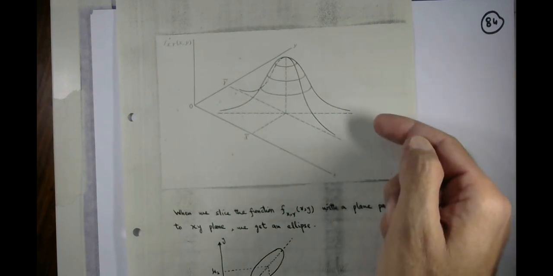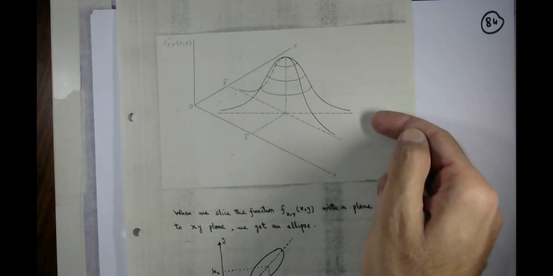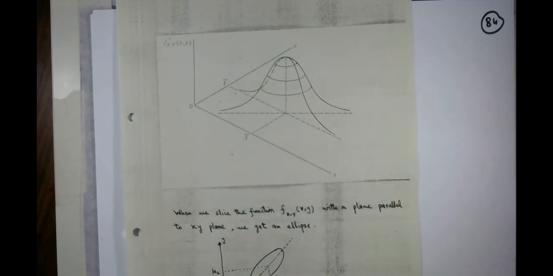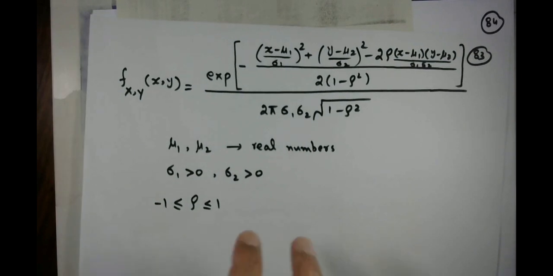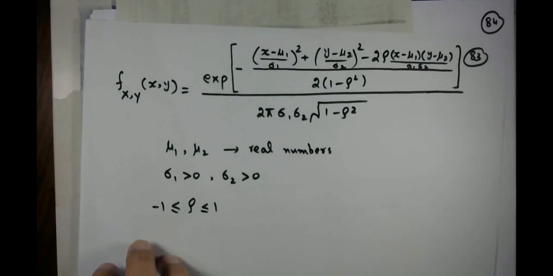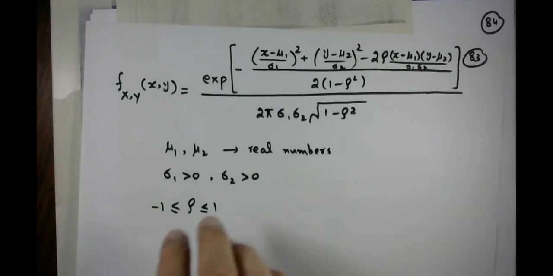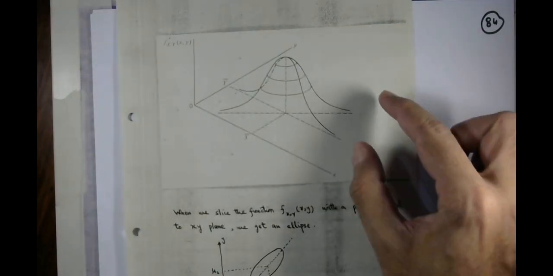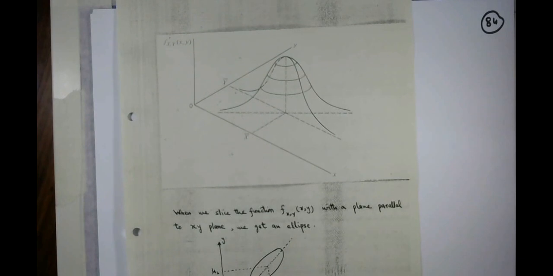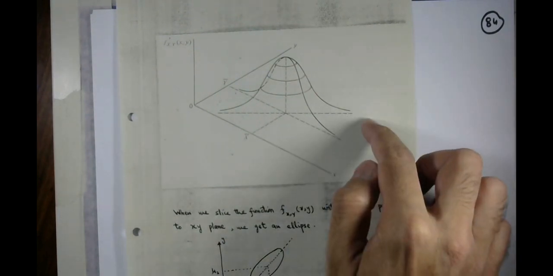So please do keep in mind that when you have a bivariate Gaussian distribution, this is the generic expression, and your plot will be a Gaussian bell of a shape similar to this.